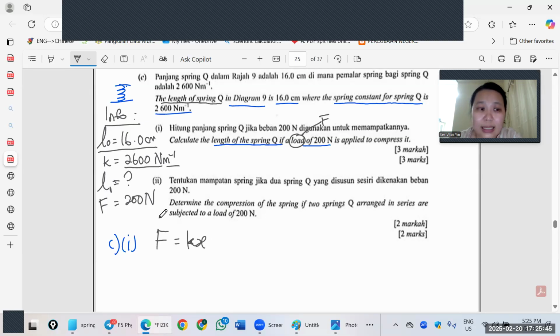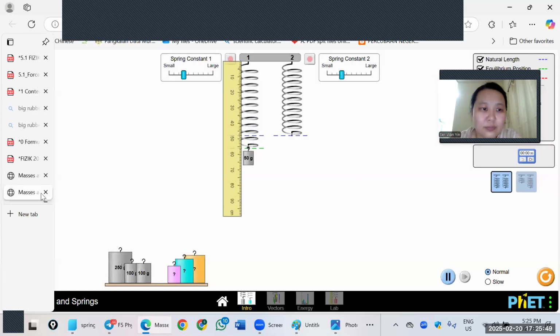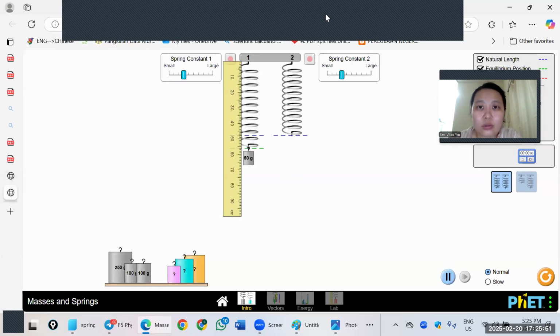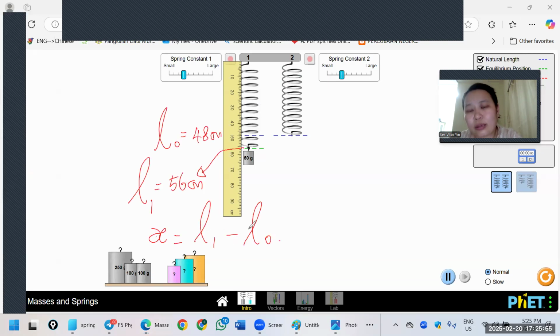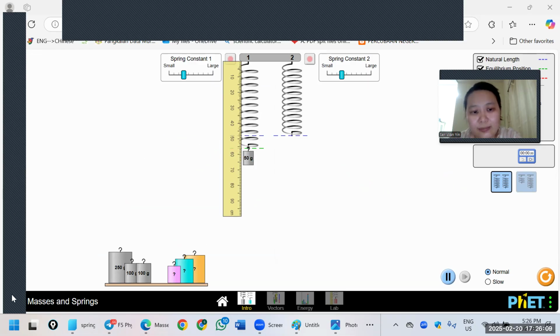We get X. So from here we also know that X equals to L1 minus L0, so the long one minus the short one. If compression, X equals to L0 minus L1. So we get X first, then we minus back for compression.